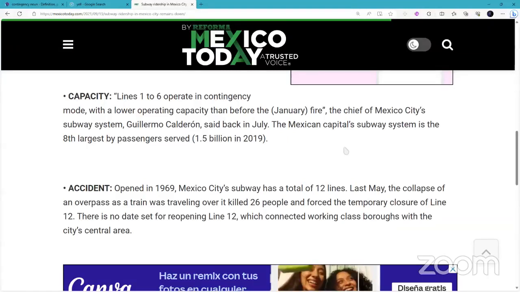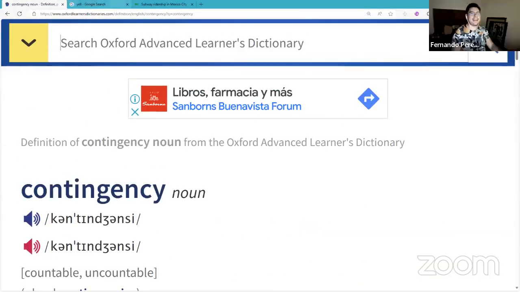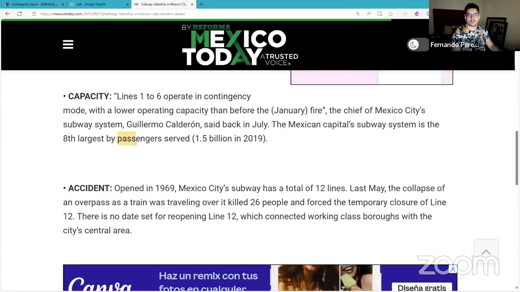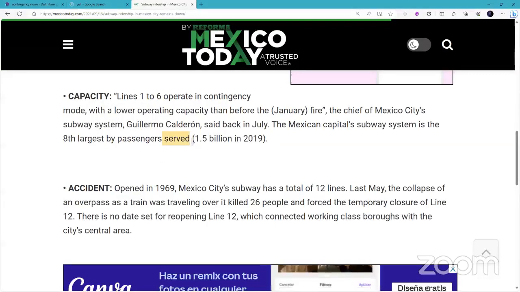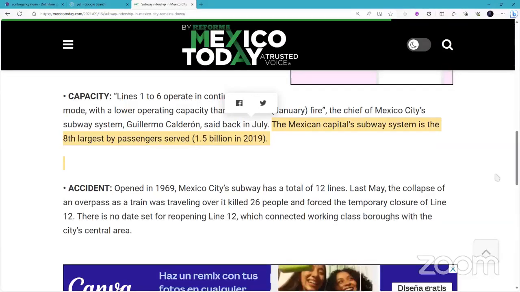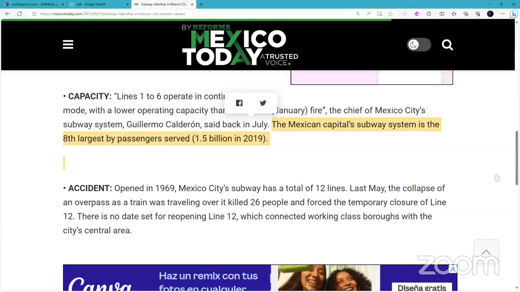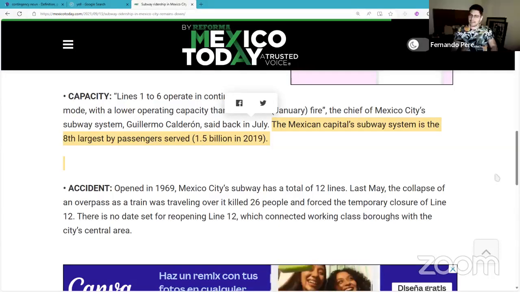By passengers. Pronunciation. Passengers. Ah, much better. Passengers. Perfect. So one more time. The Mexican capital subway system is the eighth largest by passengers served, 1.5 billion.